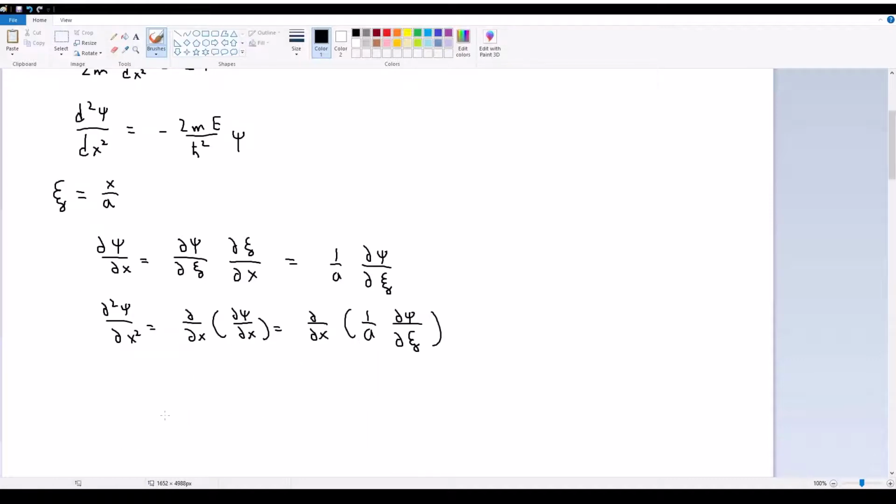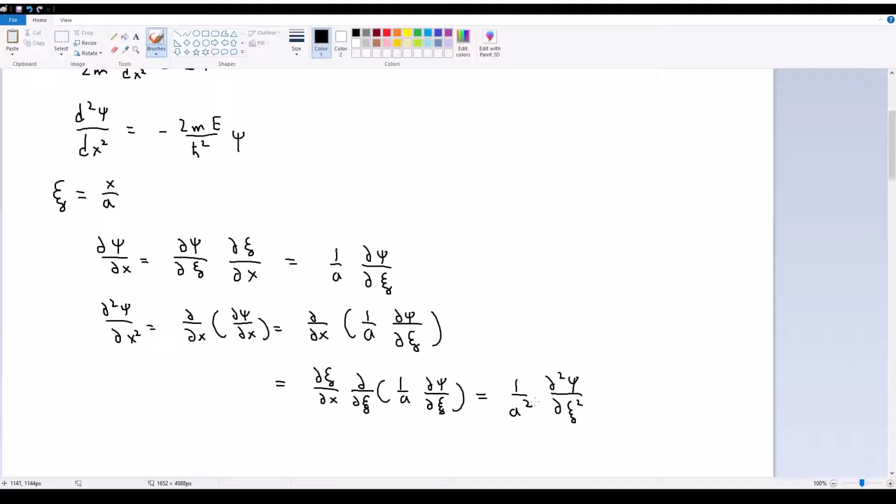Via chain rule once again, this is going to give us d chi by dx times d by d chi times 1 over a d psi by d chi. Plugging this in, this gives us 1 over a squared times d2 psi by d chi squared.